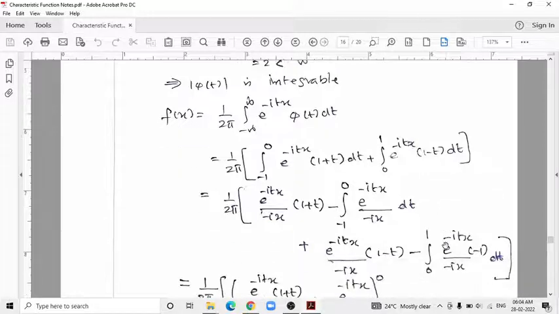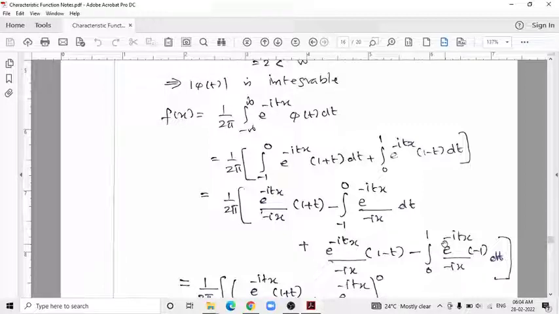Now next we do the integration by parts. So in the first section, 1 by 2 pi is outside as a common factor. Then we consider e raised to minus itx by minus ix, into 1 plus t, by treating v as e raised to minus itx and u as 1 plus t in that equation of integral uv, the product integration by parts.